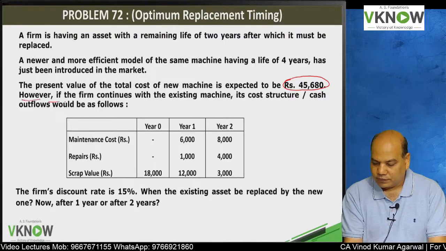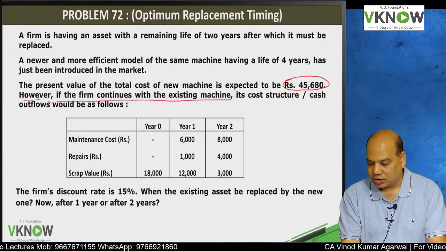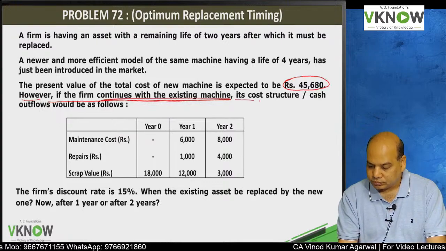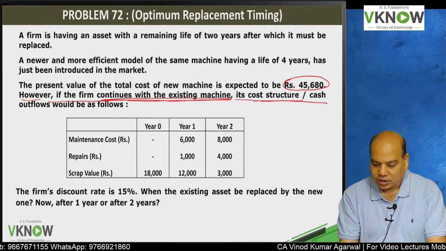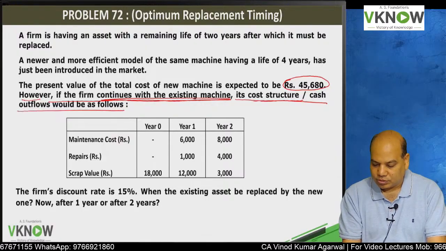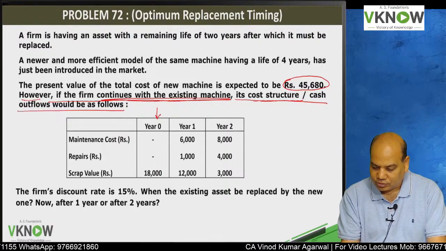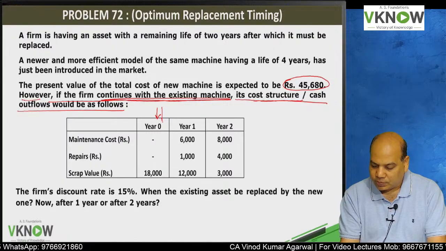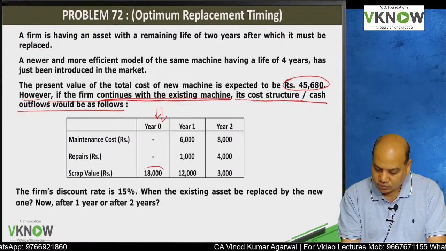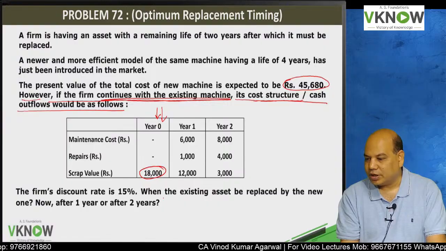However, if the firm continues with the existing machine for 2 more years, its cost structure and cash outflow would be as follows. In year 0, if you replace it today, you can sell it for 18,000.